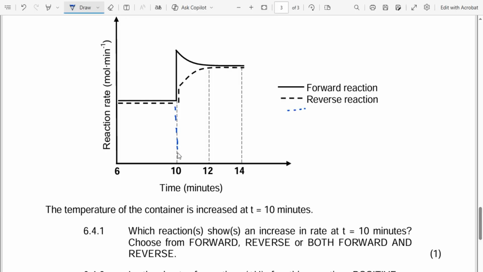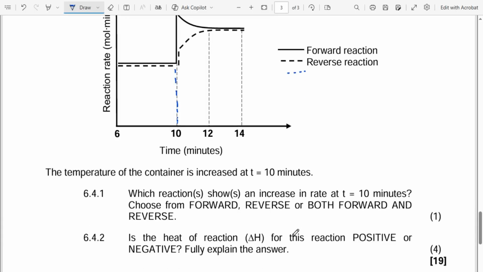They are asking which reaction shows an increase in rate at T10. Guys, please underline the keyword, very important, rate. Choose forward, reverse, or both forward and reverse.